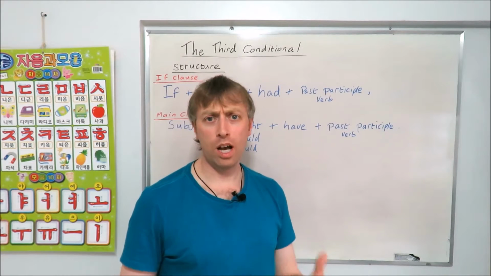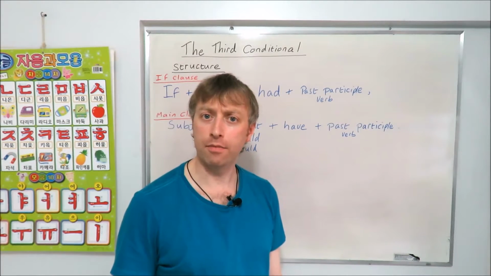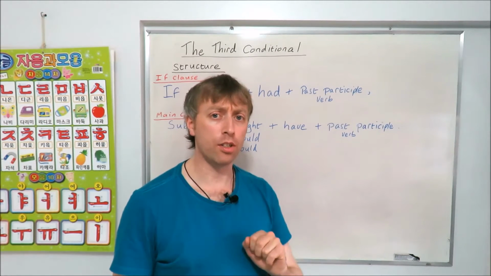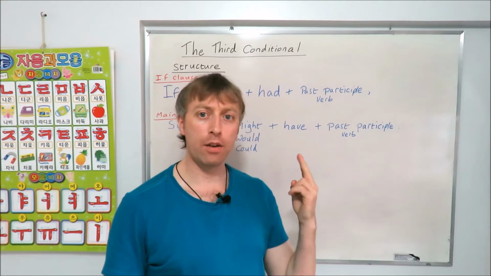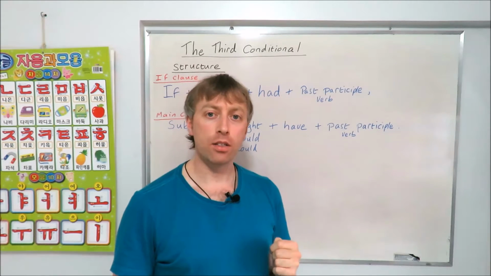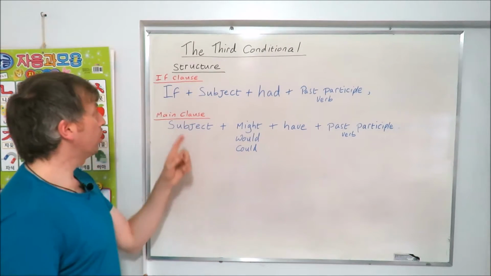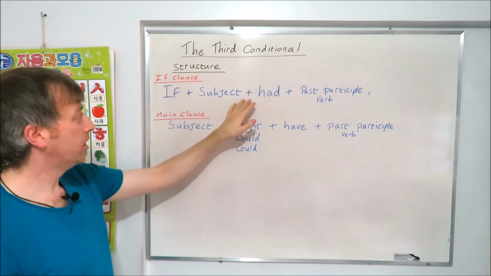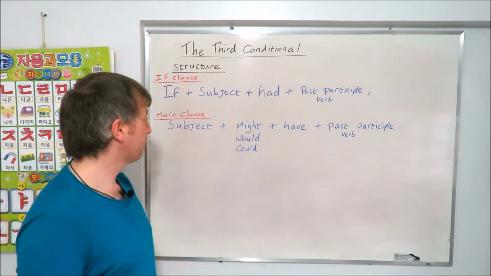Right. So how do we construct a third conditional sentence? Well, first of all, it consists of two clauses, just like all the other conditionals. We have an if clause and we have a main clause. So let's break this down for you. The if clause consists of if plus a subject plus had plus the past participle of a verb.